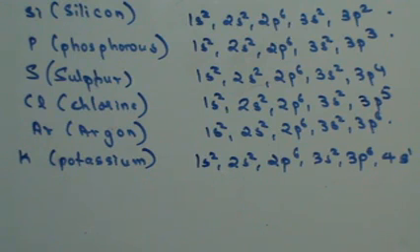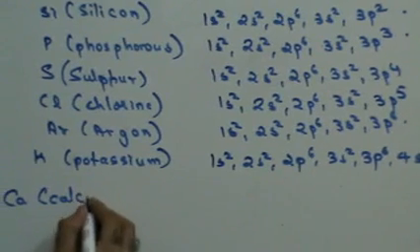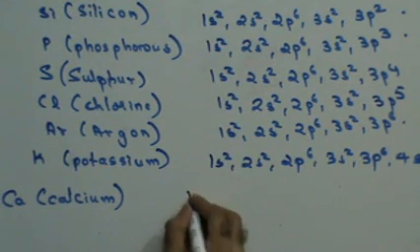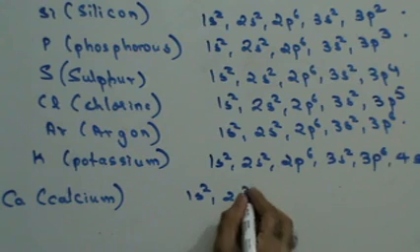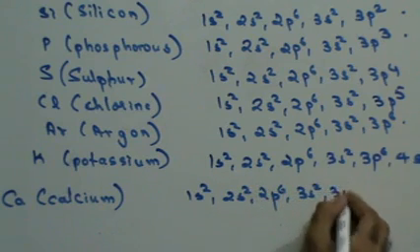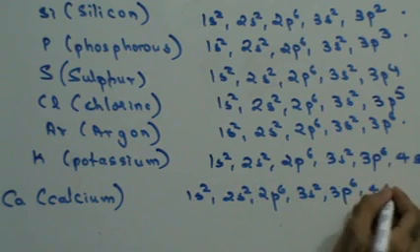Right? Next, calcium. Let's see calcium, guys. Someone please write the electronic configuration for calcium. 1s2, 2s2, 2p6, 3s2, 3p6, 4s2.